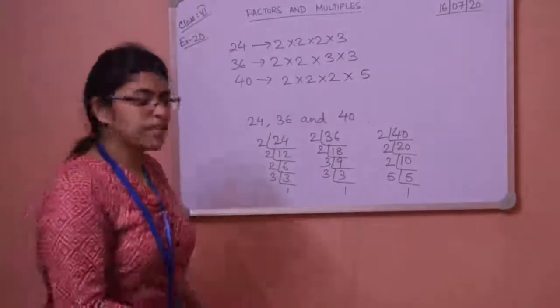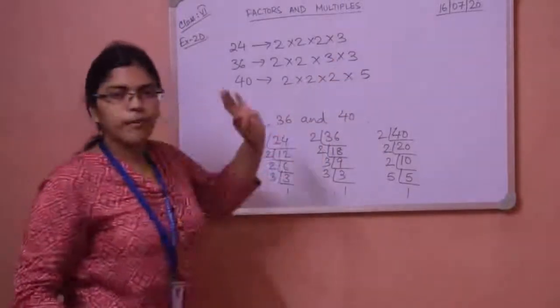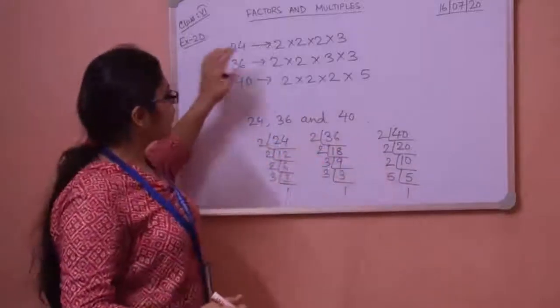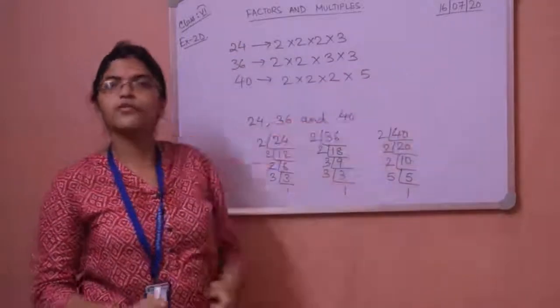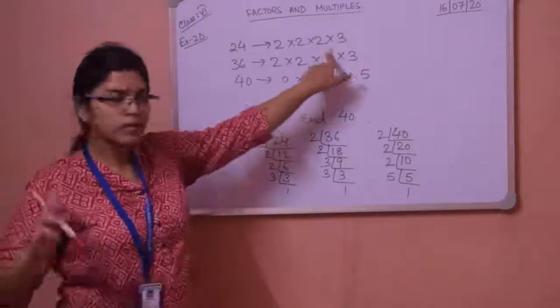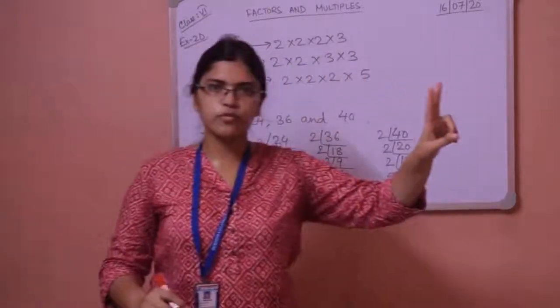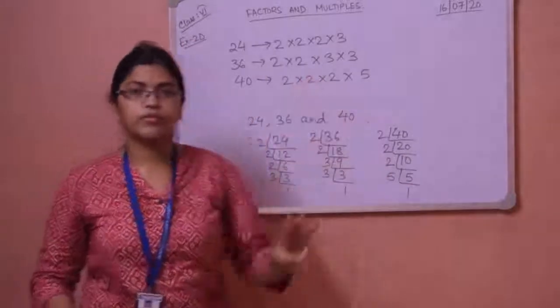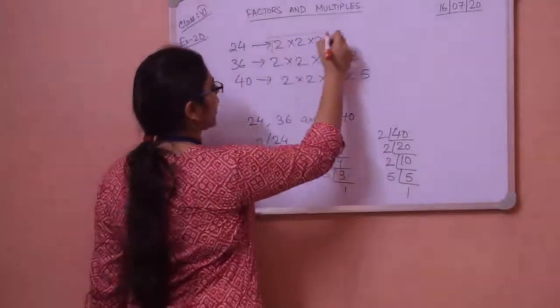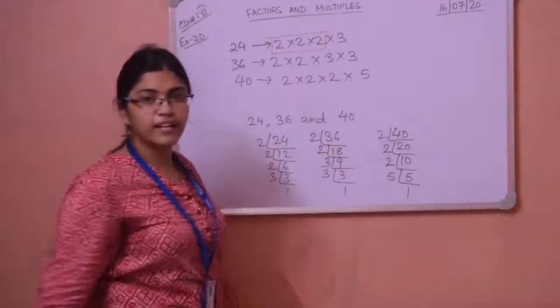Now we can see that there are 3 prime numbers here, 2, 3 and 5. For 2, we have to see the maximum number of 2s we are getting. Here there are three 2s, here we have two 2s, and here also three. So three 2s is more, so we will take 2 three times while solving LCM.